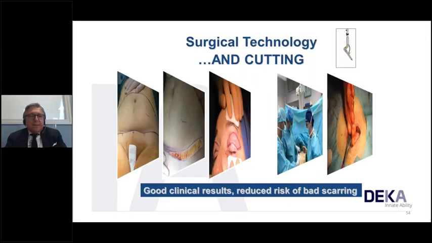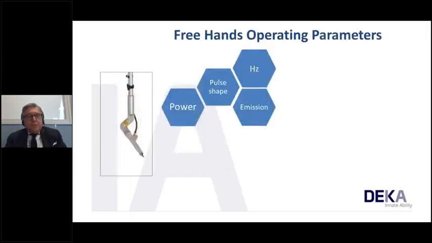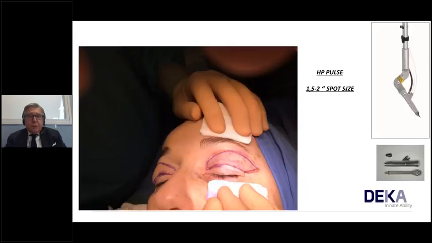that allows us to treat a lot of indications and cutaneous conditions. On the left, you see from the abdominoplasty through the blepharoplasty to the breast augmentation by cutting the periareolar area, and then just the treatment of the lipoma. For freehand operating parameters, we have to pay attention to the power, path shape, frequency, and emission, as in the previous one at 7 inches.